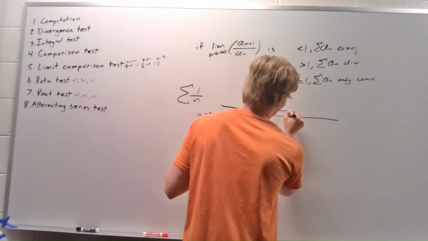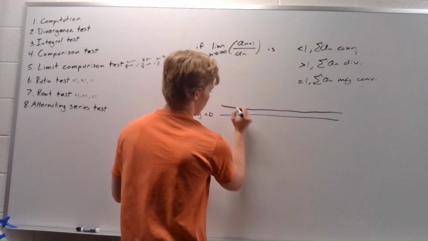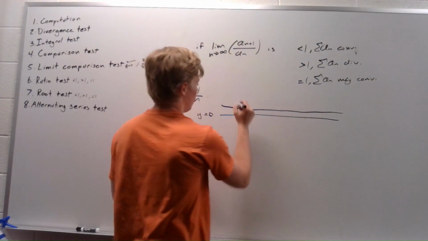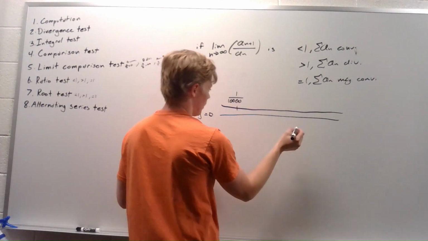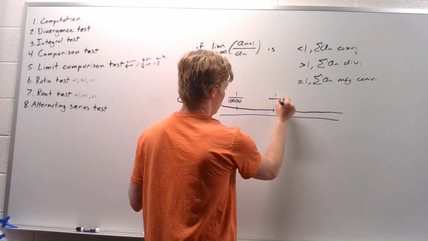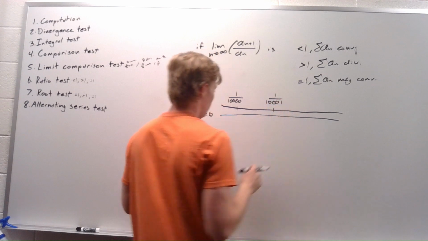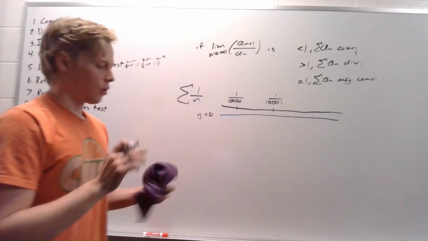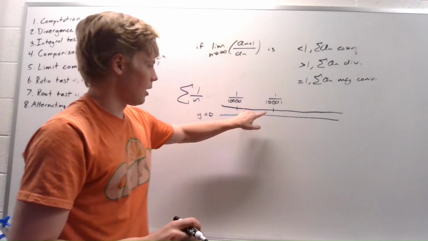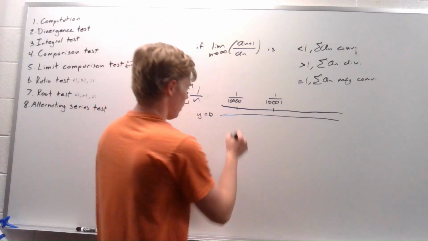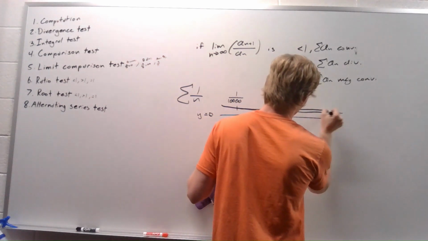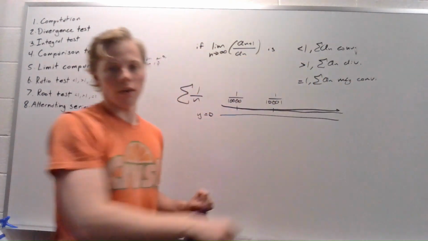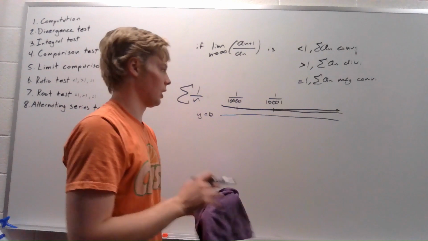Well, as it gets way, way, way far out here, like let's say this is where n equals 10,000. This is going to be 1 over 10,000, and then the next is going to be 1 over 10,001. But think about how small the difference is in height between these two. This is approaching a straight line. And as you go further out there, it'll only get closer and closer to a straight line.